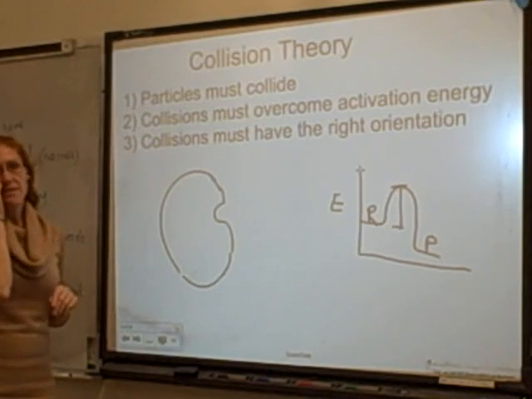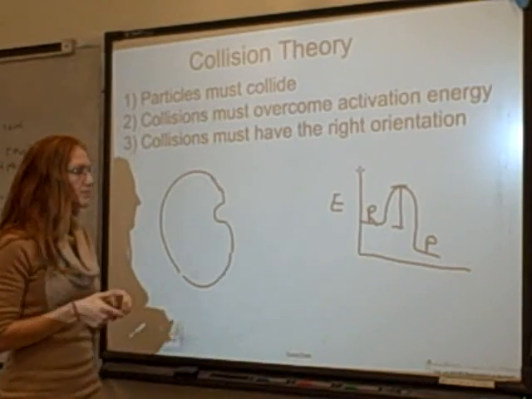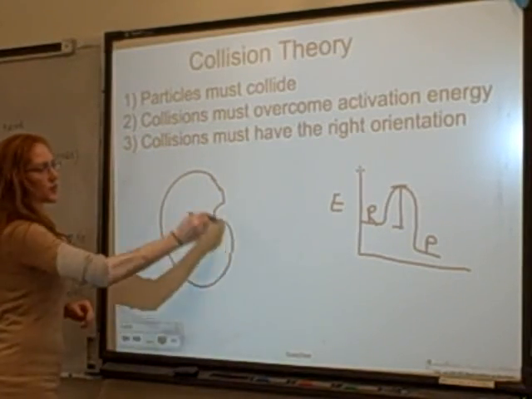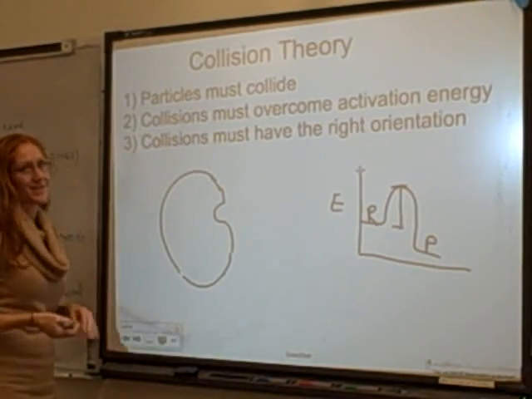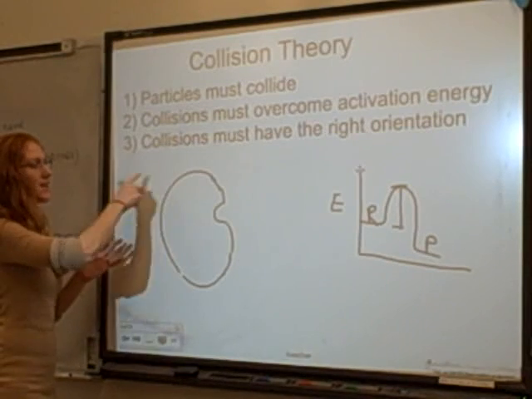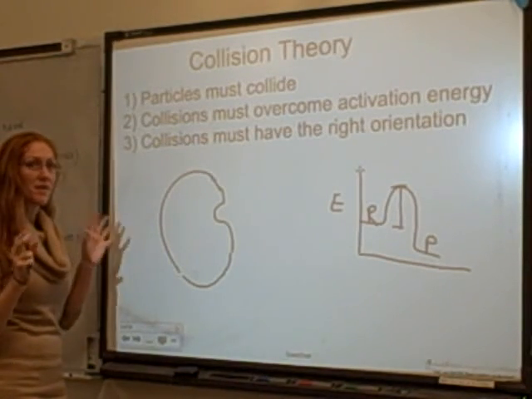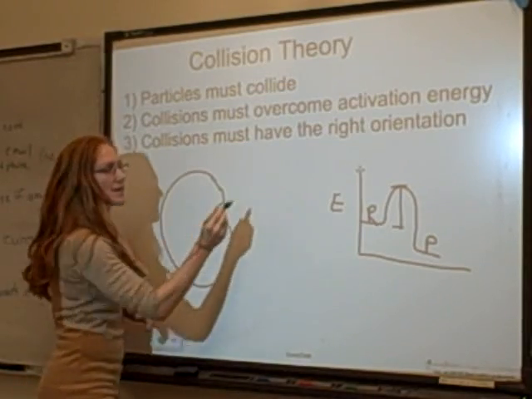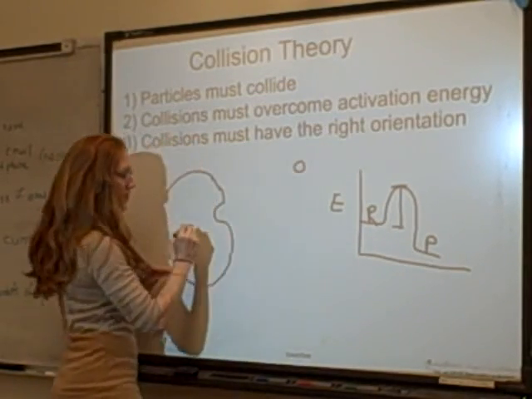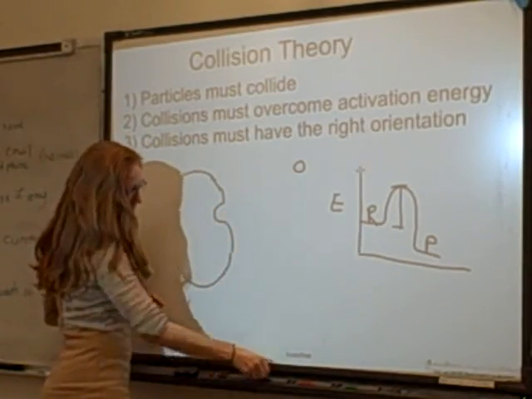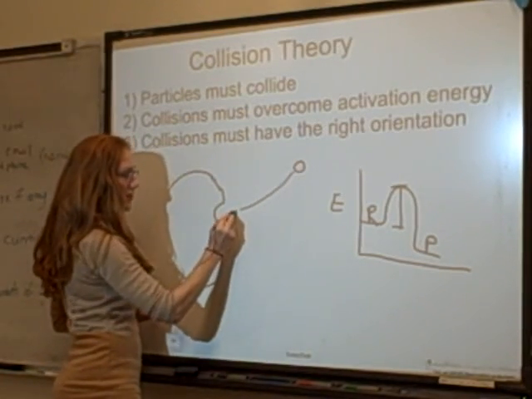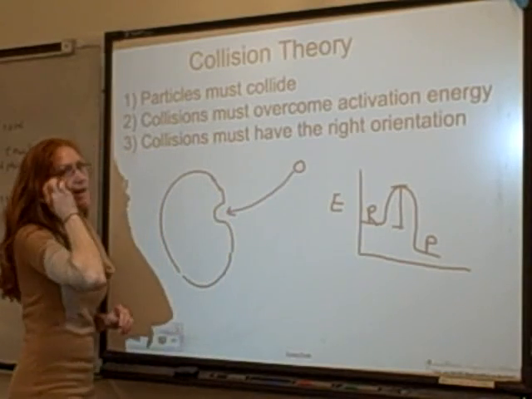And 3, collisions have to have the right orientation. I like to think of this as, if I have this strange looking molecule, it's not a molecule, this is just my picture to represent a funky molecule that's really big and only has one spot that's going to be reactive. So if this is one reactant and this is one reactant, the only way this thing actually reacts is if the collision occurs with this going into that, right?